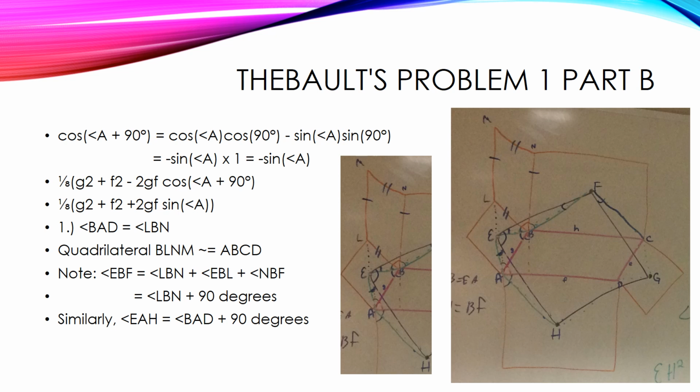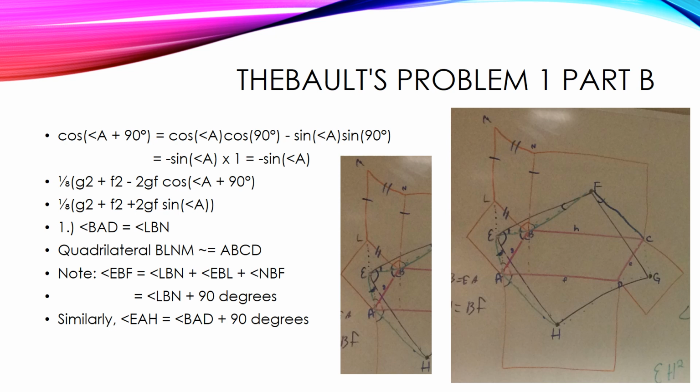Over here we have angle A, and our 90 degrees angle is from right here, which we are going to manipulate later. So by substitution, we get 1/8 times the whole G squared plus F squared plus 2GF times sine of angle A.